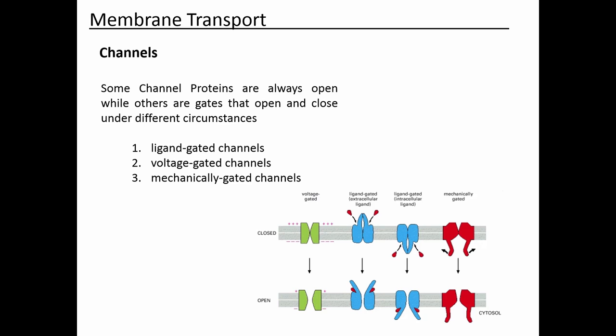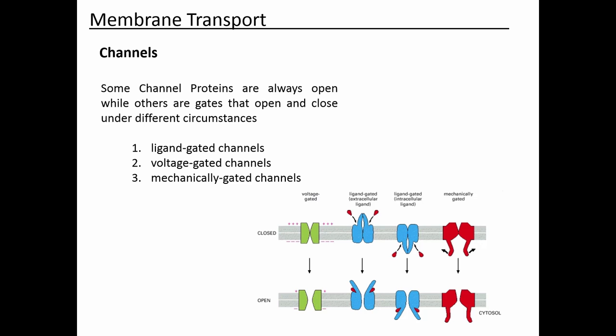Okay, so then the last type are mechanically gated channels. These are going to respond to some type of mechanical stimulus. Two examples of mechanical stimuli would be pressure on the membrane or stretch of the membrane. So if you apply pressure to the membrane and that opens up a channel, that would be a mechanically gated channel.